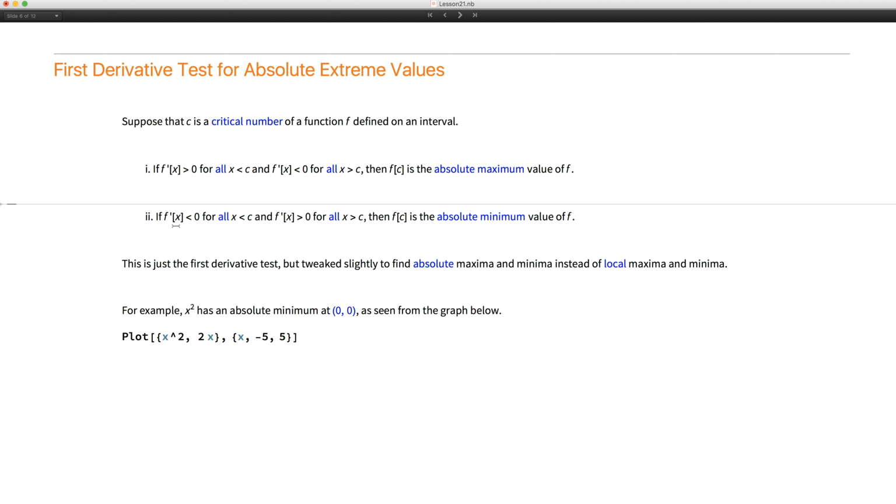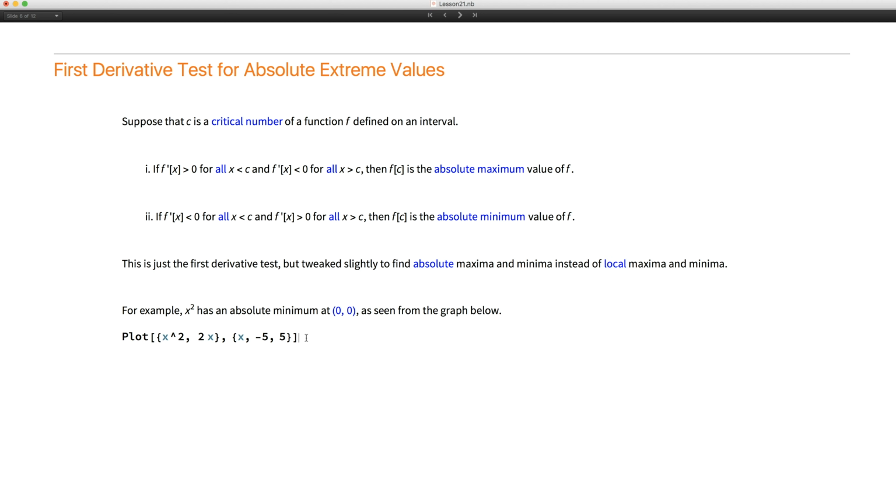And in just the same way, if you have a value c for which the derivative is negative for all values to the left and positive for all values to the right, then you have an absolute minimum. So that's just a slightly more general result than the first derivative test. We have tweaked that test slightly to find absolute maxima and minima instead of local maxima and minima.